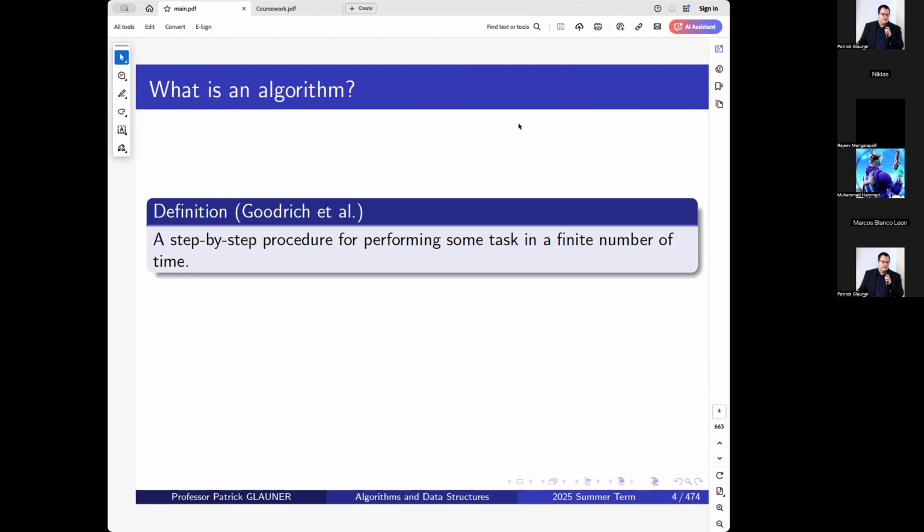Goodrich says that an algorithm is a step-by-step procedure for performing some task in a finite amount of time. So we have some task, something we want to do, and we want to do this step by step, because the algorithm may contain multiple steps, and this should take a finite amount of time.